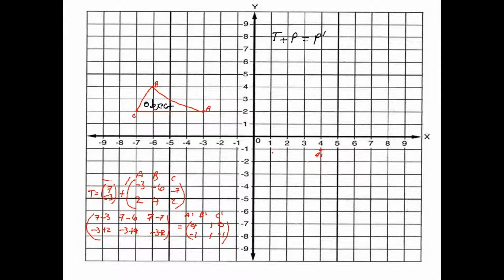Our B says a 1 on the x and a 1 on the y. All right. This is our B'. And our C says 0 on the x and a -1 on the y is our C image. Alright, so we're going to plot it right here.